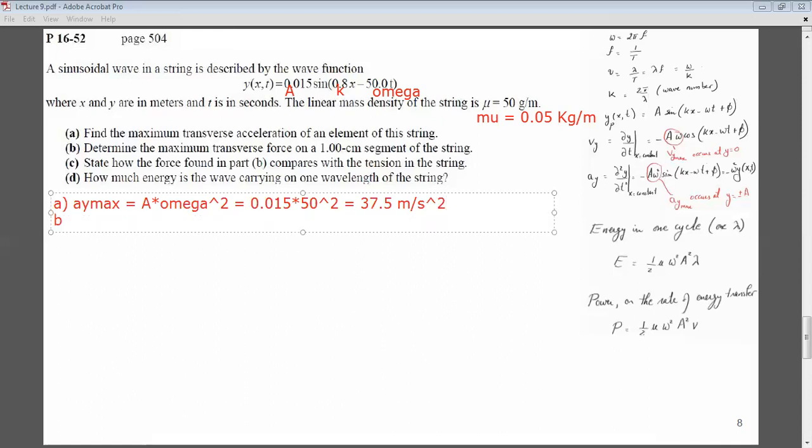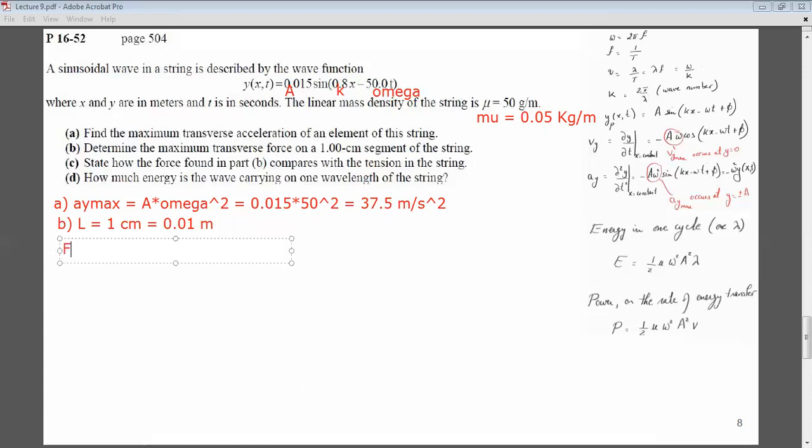Okay, part B, separately. Determine the maximum transverse force on a 1 centimeter segment of the string. So I have L equal to 1 centimeter. You directly change it into meters by dividing by 100, so it is 0.01 meter.